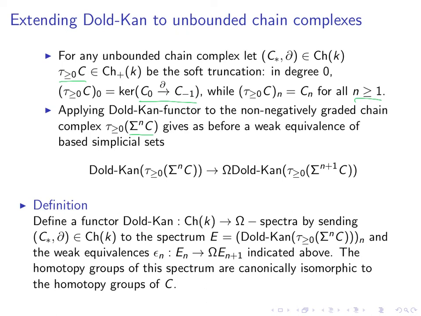And this allows us to define the Dold-Kan functor on unbounded chain complexes to omega spectra by sending an unbounded chain complex to the spectrum given by applying the Dold-Kan functor to truncations of shifts of C. And then the data of the weak equivalences is this map given here, and the homotopy groups of the spectrum are canonically isomorphic to the homology groups of C.